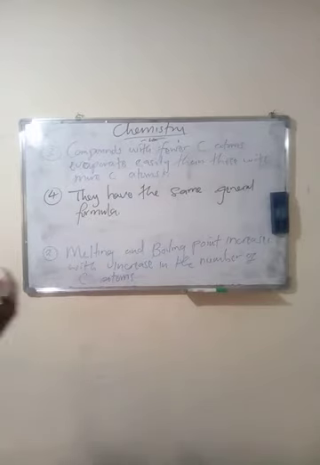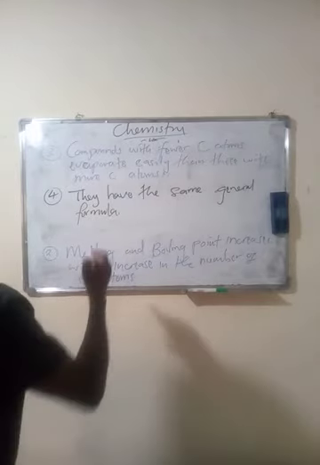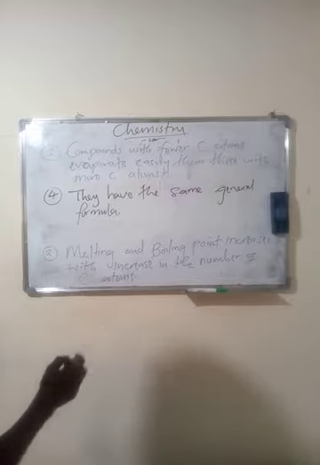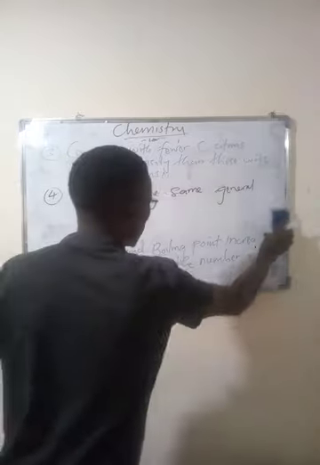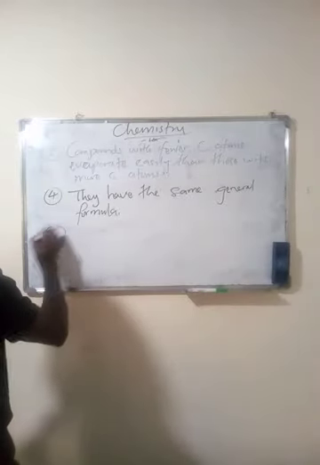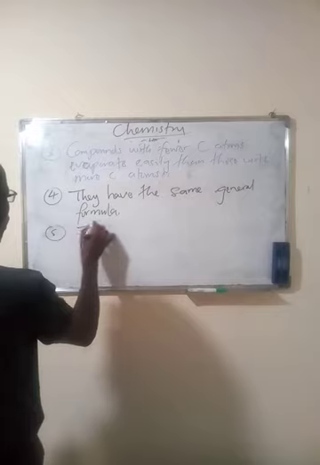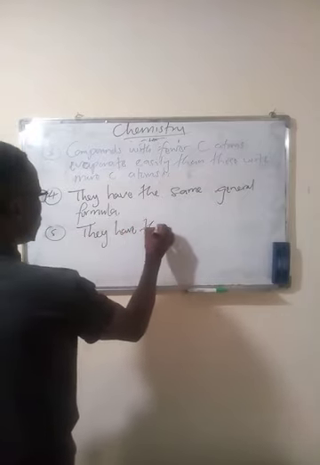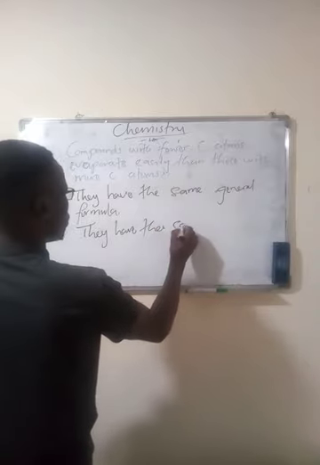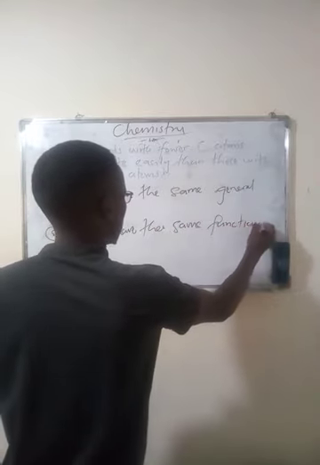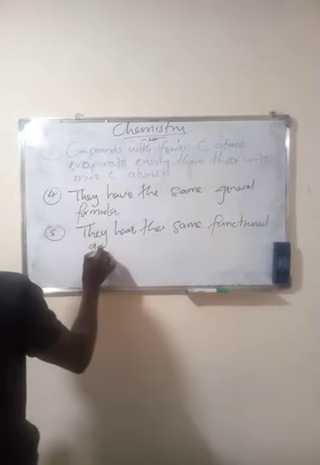All right. So we're going to be looking at all these, especially as we talk about general formula, in more detail with time. Right. Then number five, probably the last: they have the same functional group. All right. They have the same functional group.